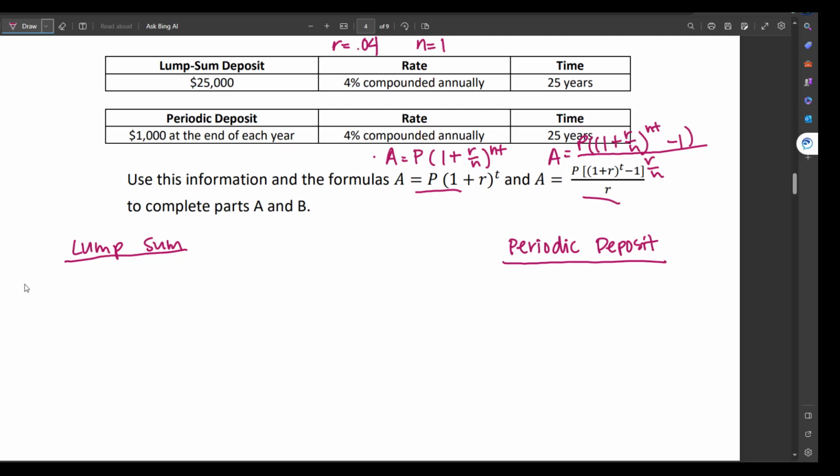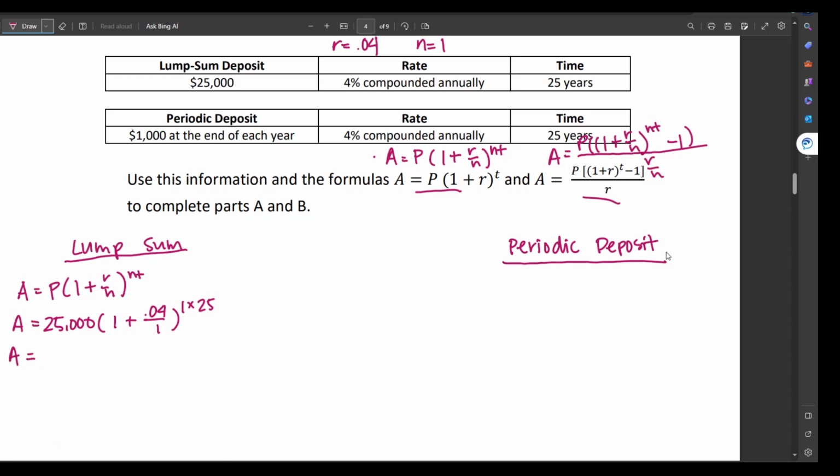So the lump sum, A equals, let me write this, 1 plus R over N to the NT power. So we have a lump sum of 25,000. 1 plus R over N, so 0.04 divided by 1. And then we do for 25 years. This money is going to sit in that account for 25 years.